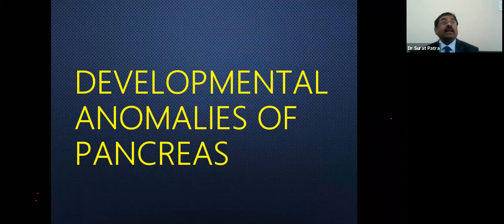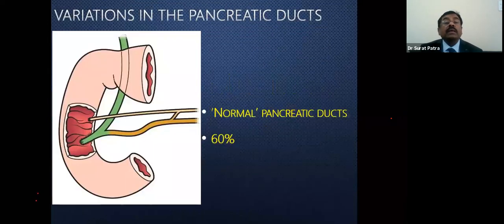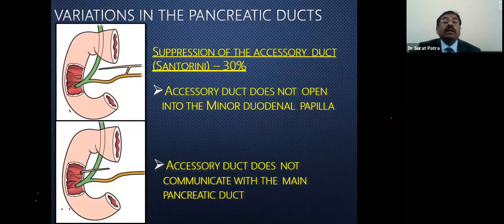Coming to the developmental anomalies of the pancreas. Well, the variations in the pancreatic ducts, the duct system. This is the normal duct system, which is seen in 60% of cases. Well, there could be suppression of the accessory duct, that is the Santorini, which occurs in 30% of cases.